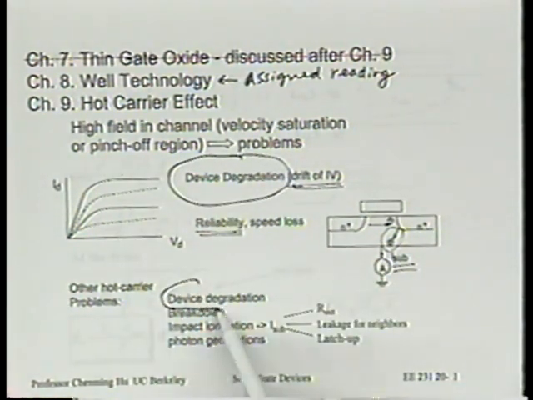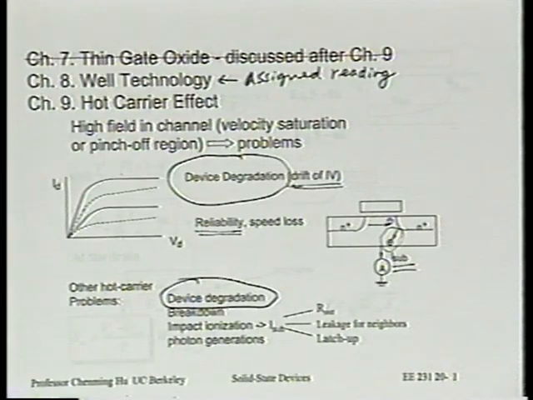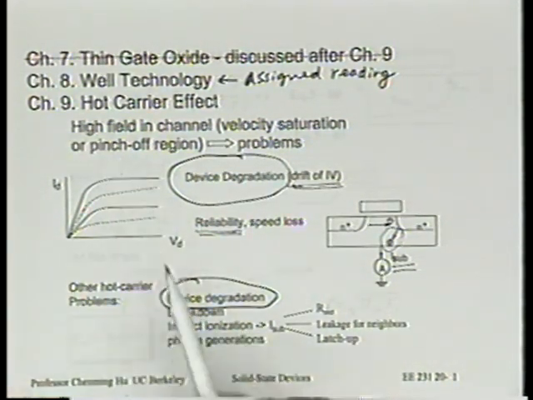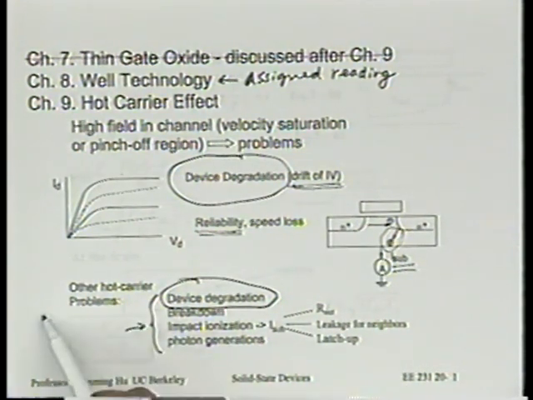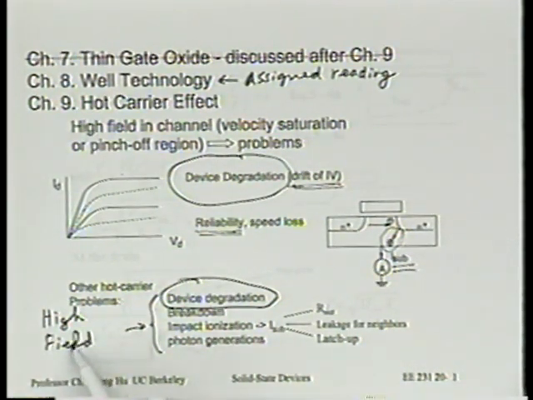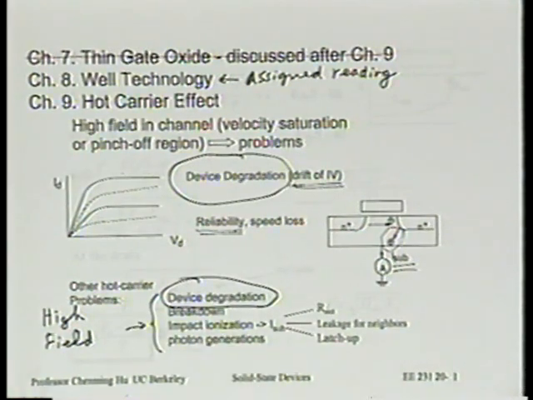So perhaps you can use the term high field effect to describe all these things together. That all together is called high field effect. But the term hot carrier effect is reserved to describe the device degradation. Okay?